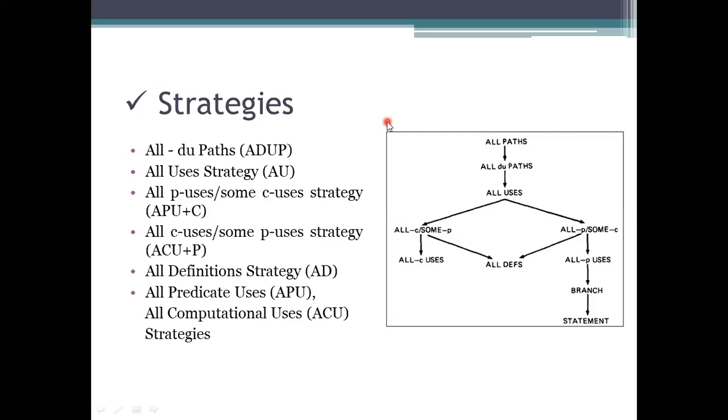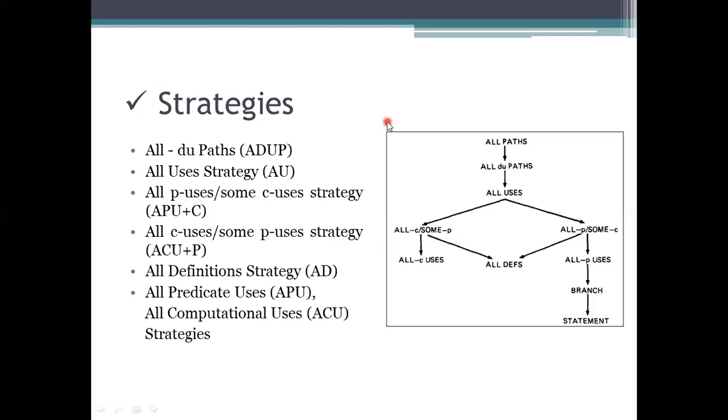The variables we are presenting, variables, not variable, all the variables have to be used in predicates, and some of the variables have to be used in computations. Okay, so listen carefully.